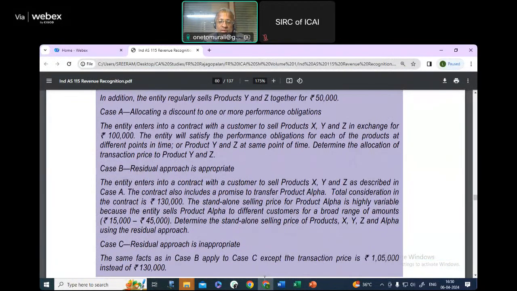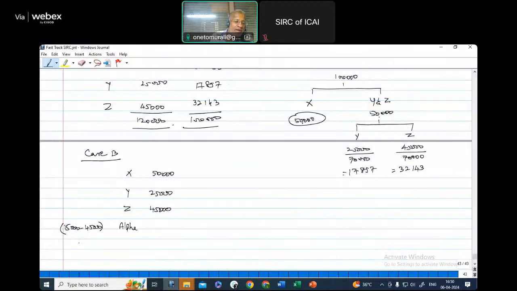The standalone price of product alpha is highly variable because entity sells product alpha to different customers for a broad range of amounts. So it depends on the type of market supply, etc. They decide minimum price 15, maximum price 45. So we are taking up an average, 15,000 plus 45,000 divided by 2.